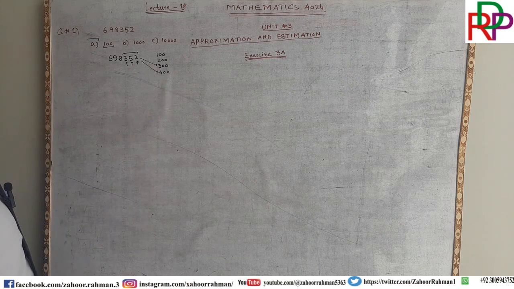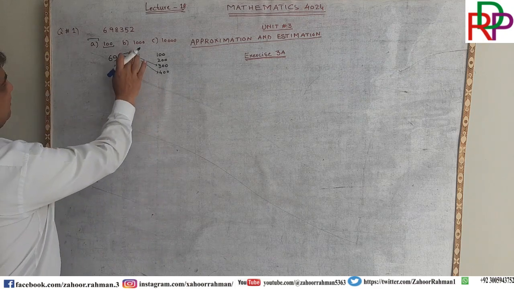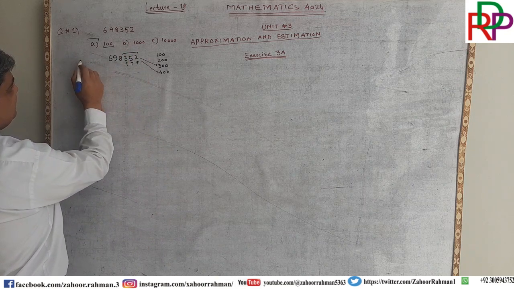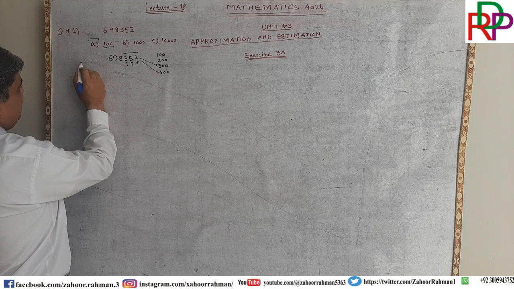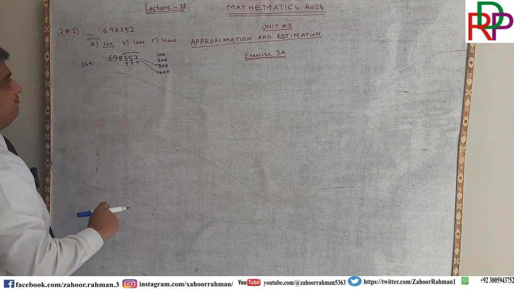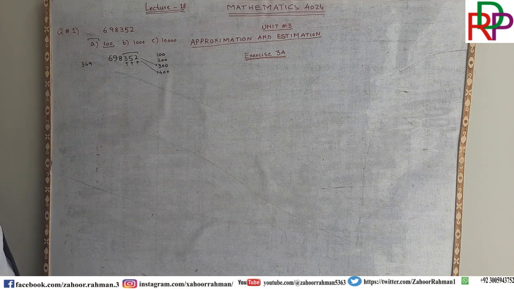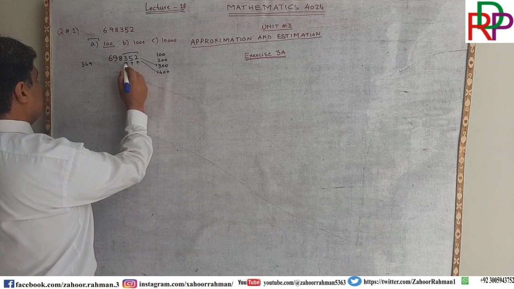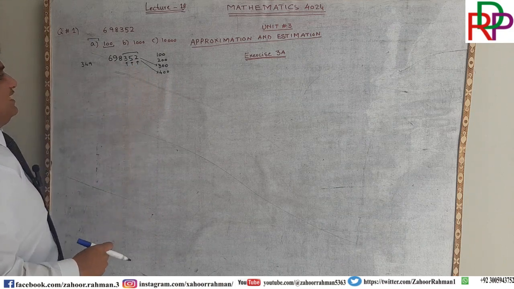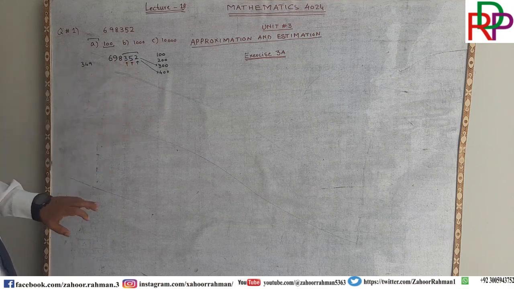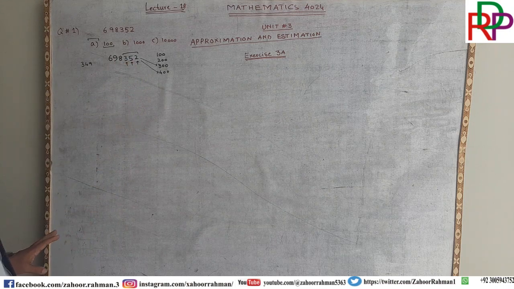So if that number was only these three digits, 349, it means that this is nearer to 300. We would then write 300. Why is it like this?